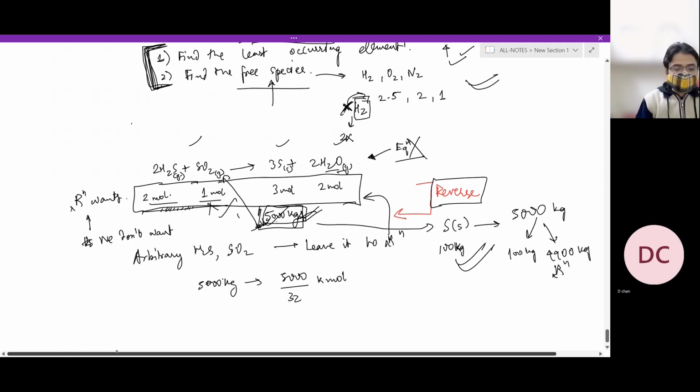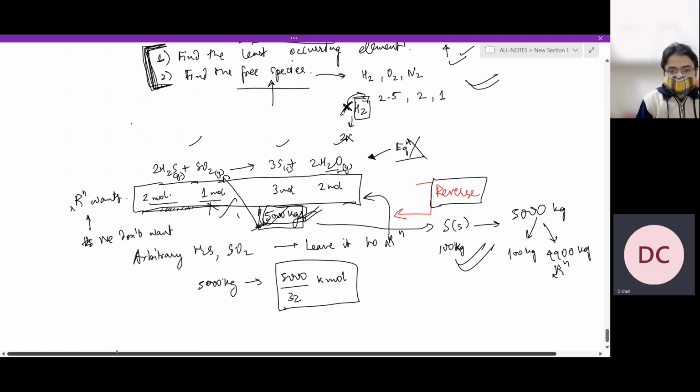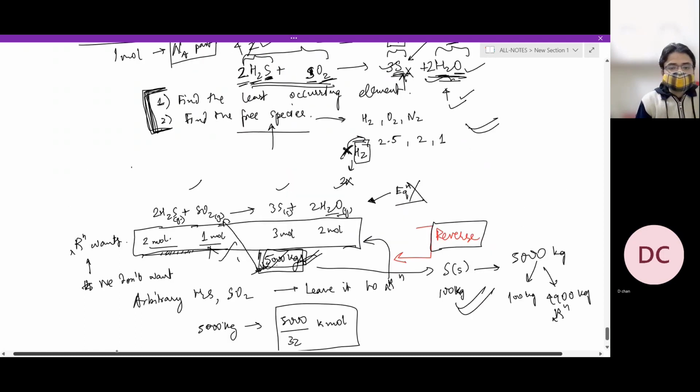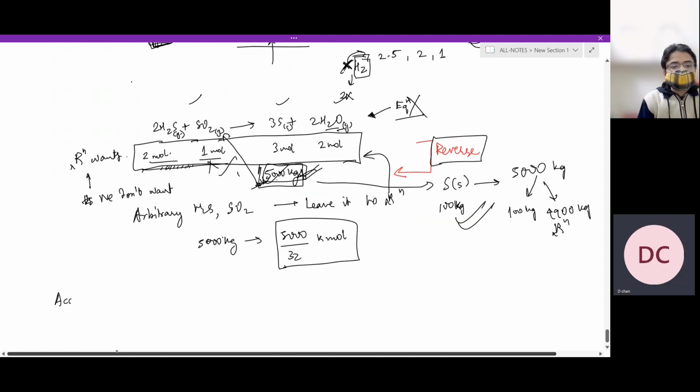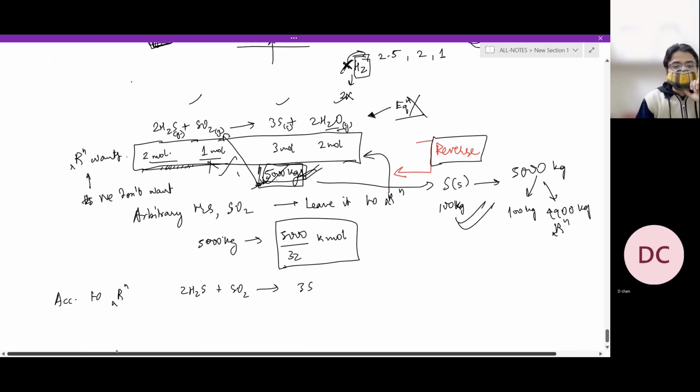Now, if you are getting 5,000 over 32 kilomoles of sulfur right here, then that would imply that according to the reaction, what has reacted? 2H2S plus SO2 gives 3S. Now forget about the kilograms; we will convert everything into moles, okay? So this is 5,000 over 32 kilomoles right here.